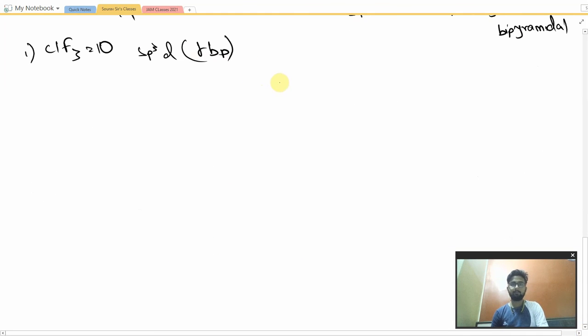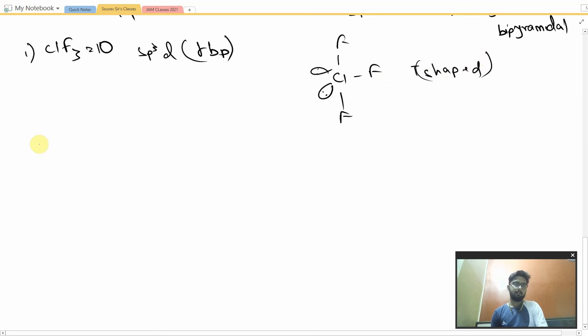So Cl, F here, F here, F here, and we have two lone pairs. So this is obviously T shaped. The shape would be T shaped.